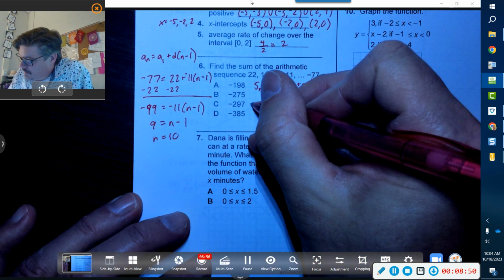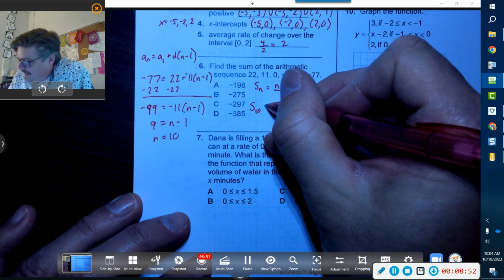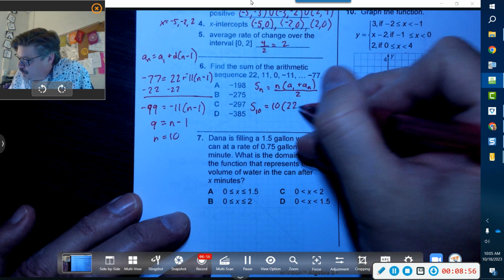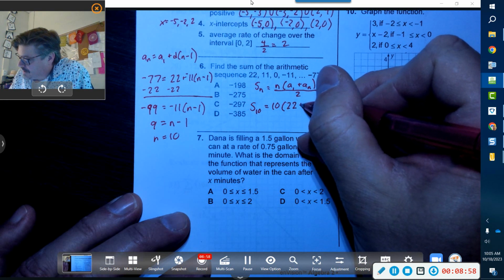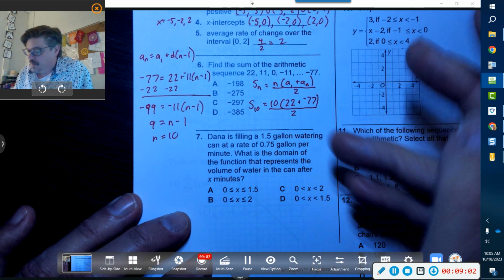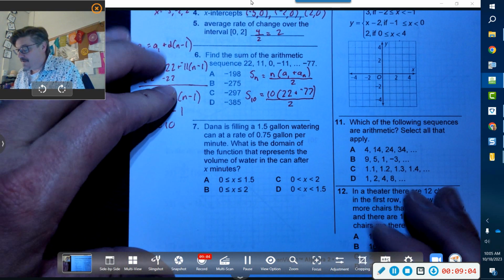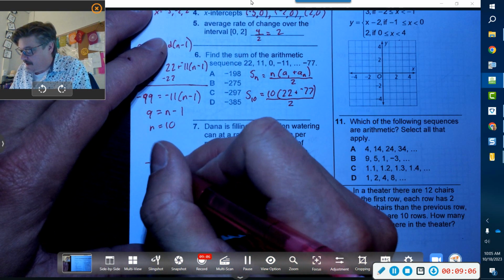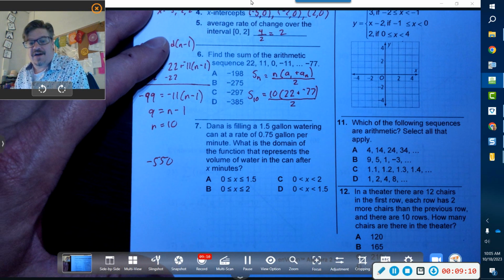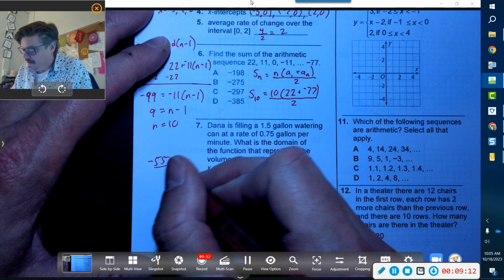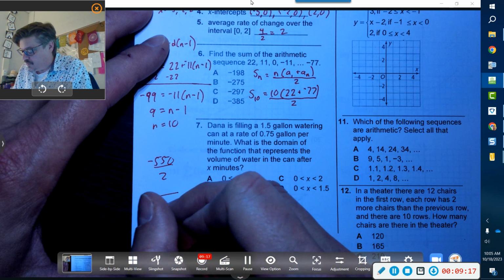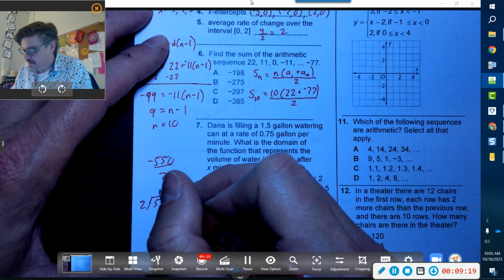All right, now I'm ready to use my formula because S is 10. Then I go 22 plus -77 over 2. I don't have a calculator on me, so 55 times 10 is -550. -550 divided by 2 is, let's see, I'm going to just do this real quick.